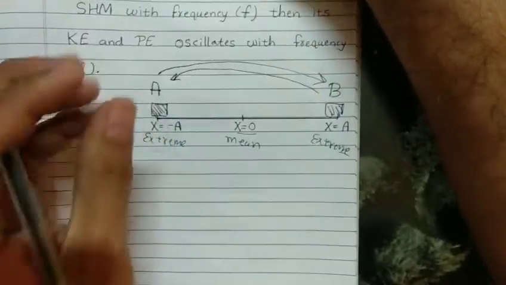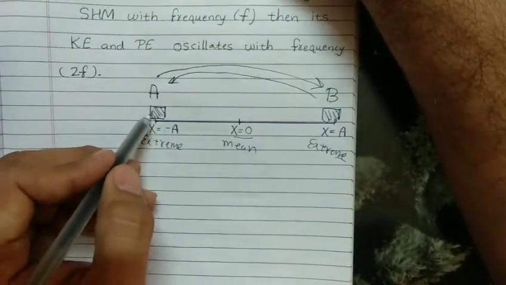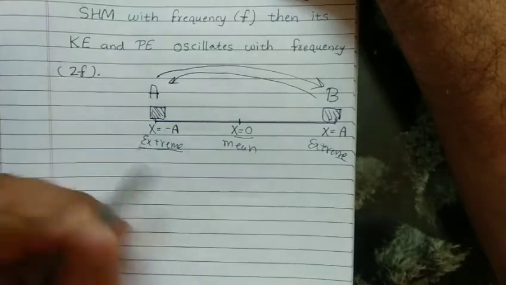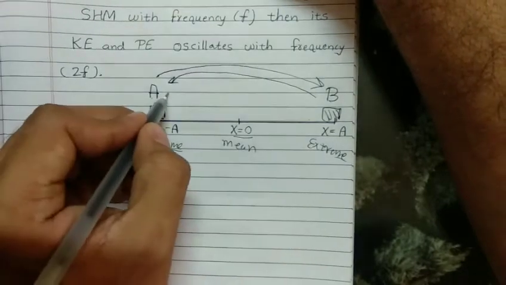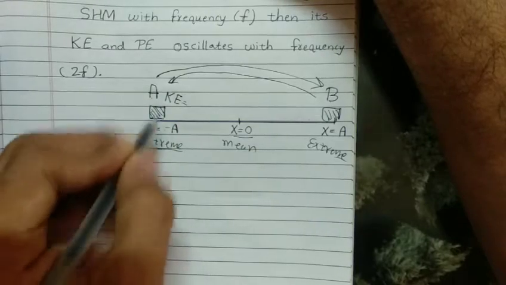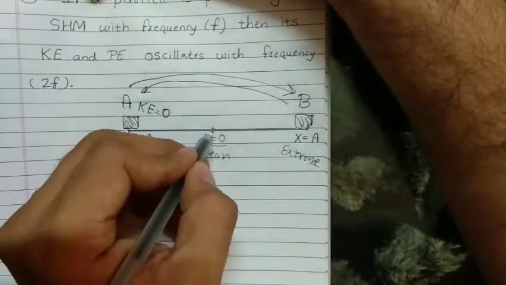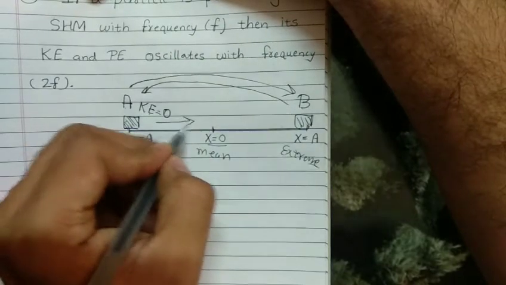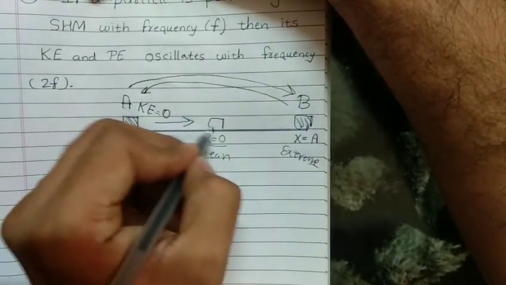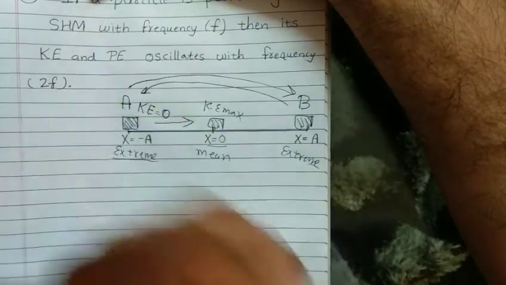First of all, I'll begin with kinetic energy. When the body is at point A, A is the extreme position, isn't it? You know that the body stops at the extreme position. So at the extreme position, the kinetic energy of the body must be 0. When the body reaches the mean position, at the mean position its kinetic energy becomes maximum.